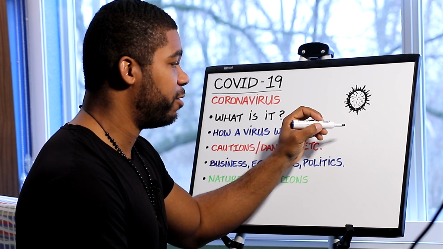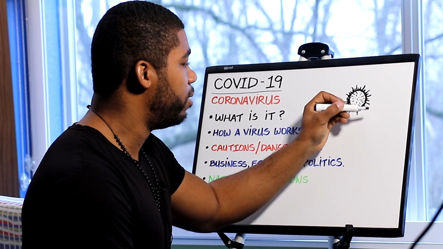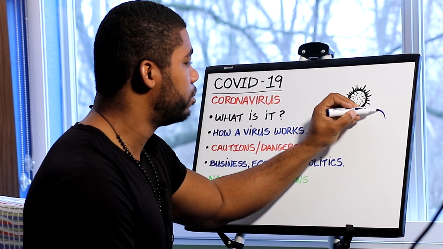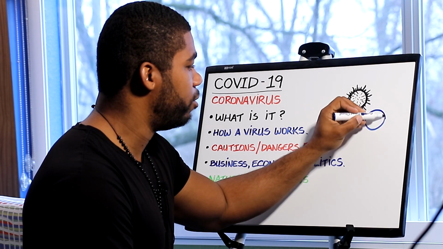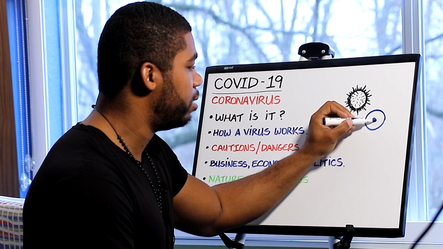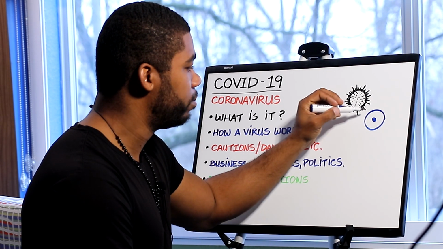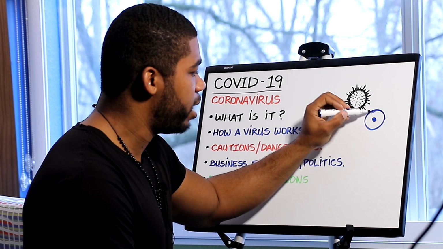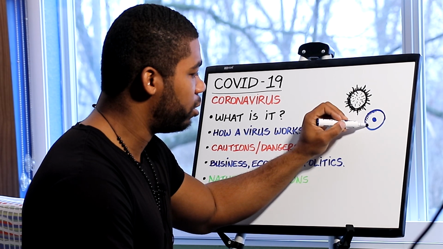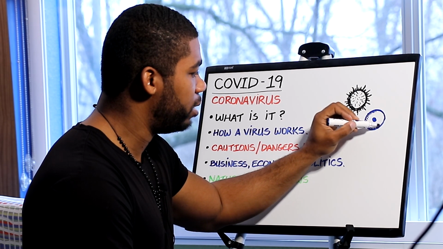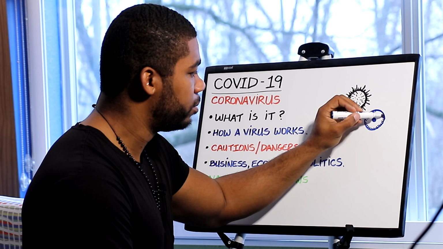So this would be the virus here, right? And then there would be a cell in your body, and in the middle of that cell would be the nucleus. And what we have on the edge of your cell is what's called a phospholipid bilayer.